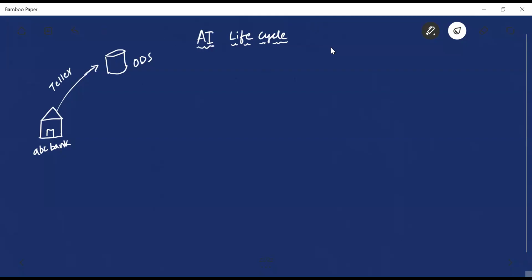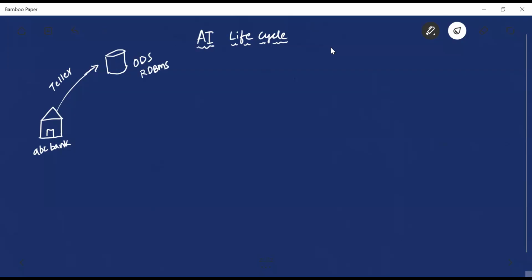Those transactions go sit into these ODS tables, or you can also call them RDBMS. Your relational database management systems typically store all these transactions: the withdrawals, deposits, opening of bank accounts, opening of fixed deposits, applying for loans, and all that stuff goes and sits in this particular database.